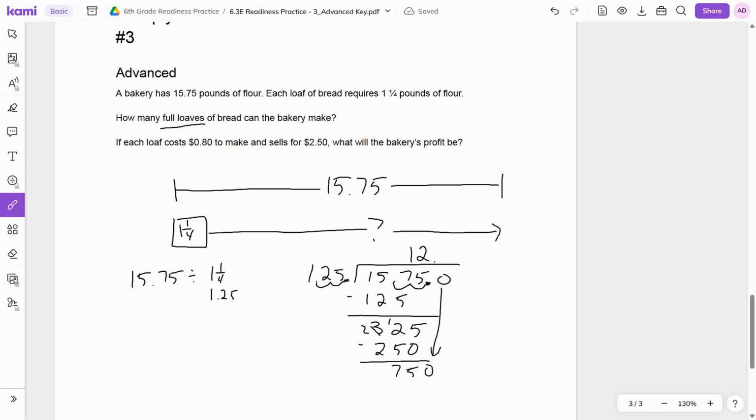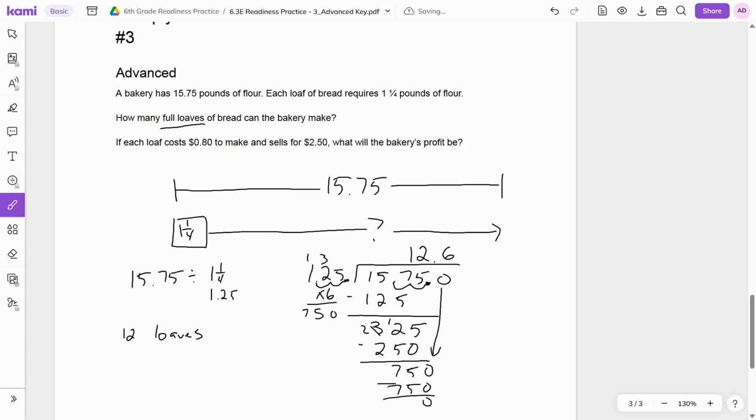So this is going to be 6, and that's going to be 125 times 6. But I don't really need to because I'm not interested in 0.6. How many full loaves of bread can I make? 12. I can make 12.6, but that 0.6 doesn't get me anything. Okay, so I'm going to make 12 loaves.